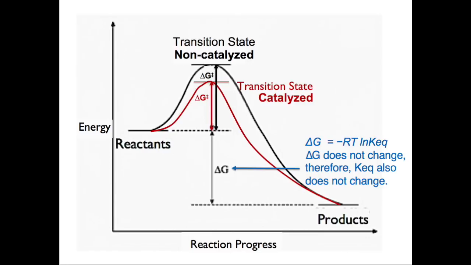And therefore, because of the relationship between delta G and the equilibrium constant, shown here, delta G is equal to negative RT times the natural log of KEQ, we can see that since delta G does not change when an enzyme is added to a reaction, we know also that KEQ does not change when an enzyme is added.